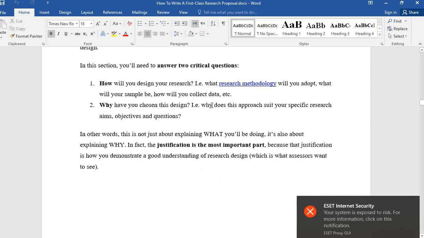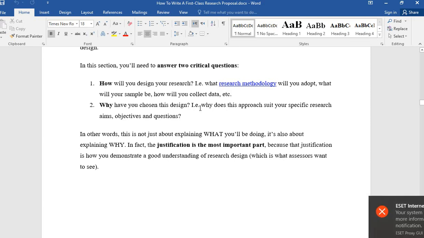Therefore, the title should be linked to the purpose of the study, to the research questions, to the background of the study, literature review, and the literature review should be exactly related to the methodology of the study and how you're going to design it. They should be related to the aims of the study, and they should be all related to the research questions. In other words, this is not just about explaining what you will be doing, it's also about explaining why you're going to do that.